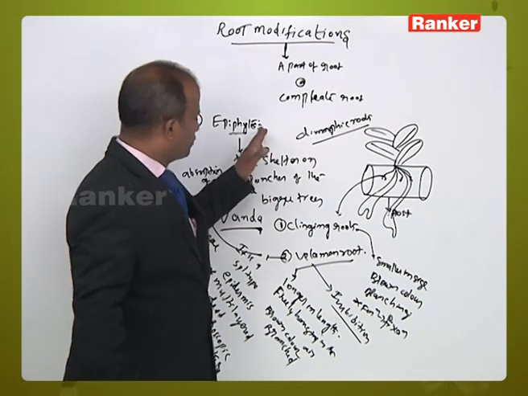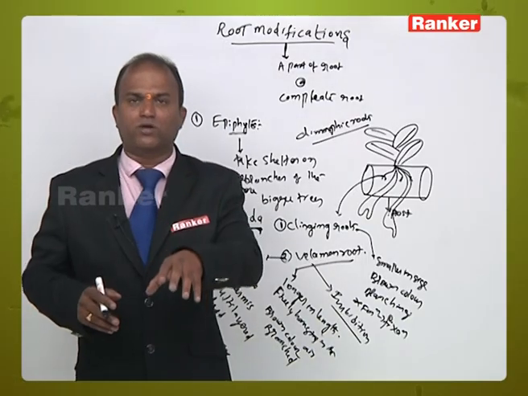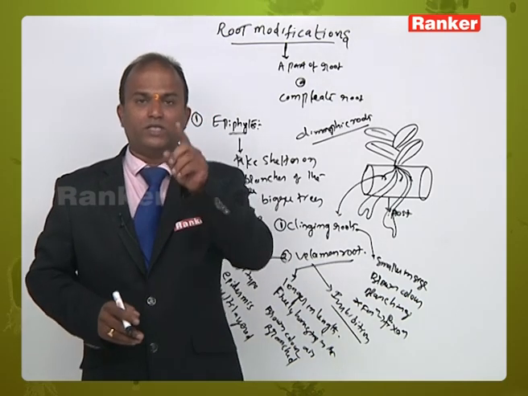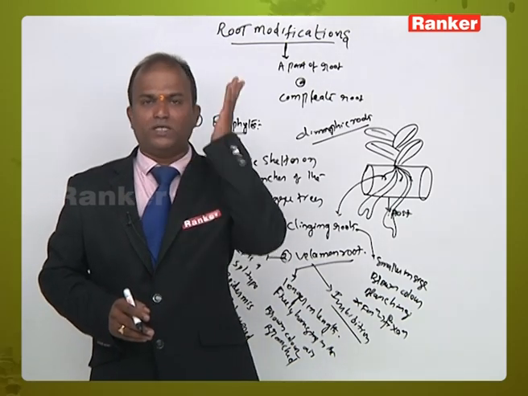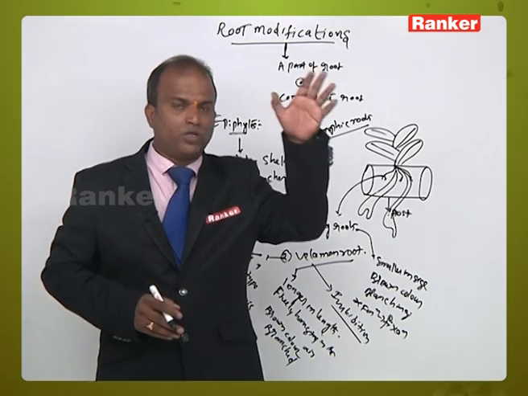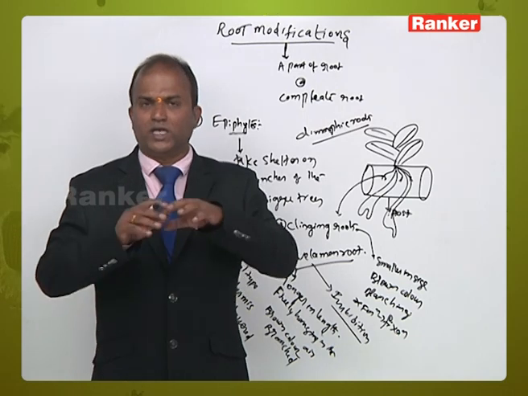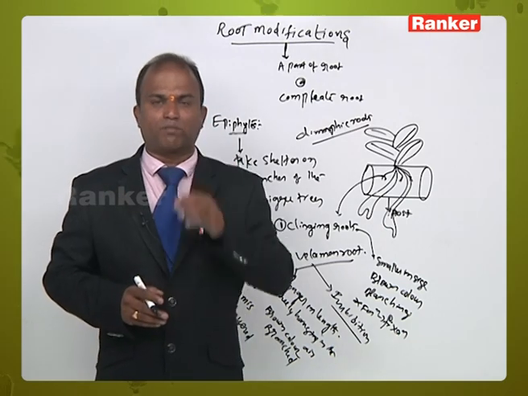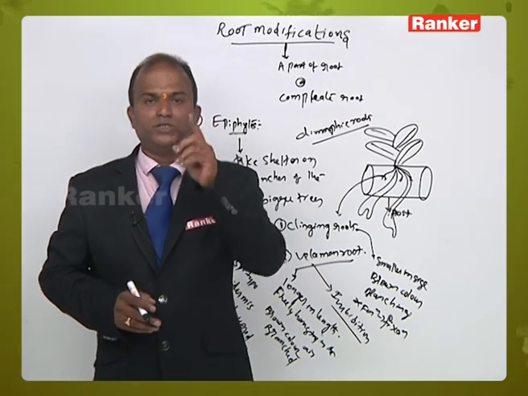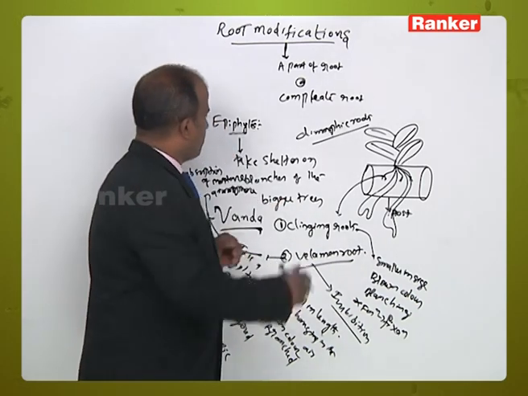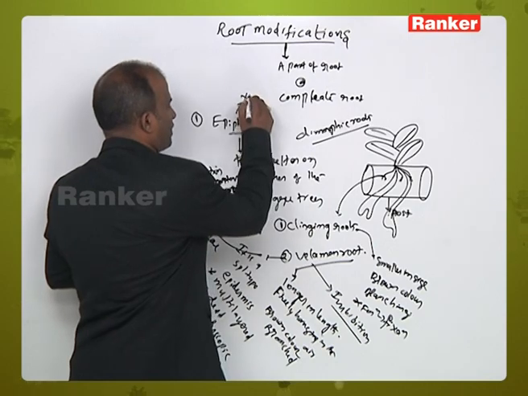Because these plants do not have direct contact with the soil. If they had direct contact with the soil, there would be a continuous water supply. But as they grow on the branches of the bigger trees, they do not have a continuous water supply. That means they exhibit xerophytic characters.